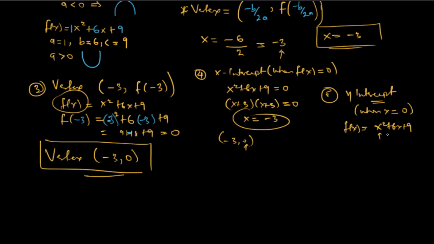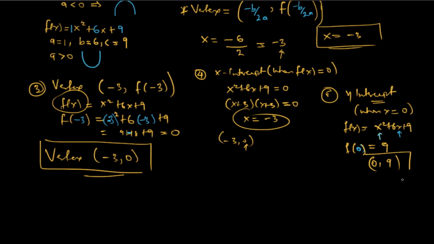So when x equals 0, all this here becomes 0. So we'll have f of 0, which is going to be 0 plus 9, and that is 9. So our y-intercept is just 0, 9.